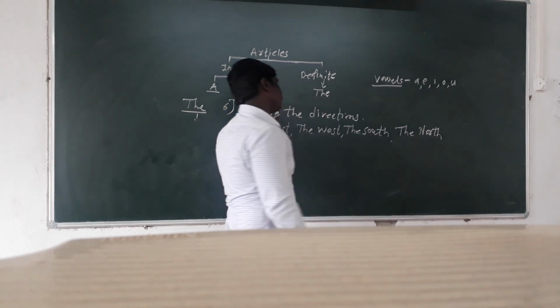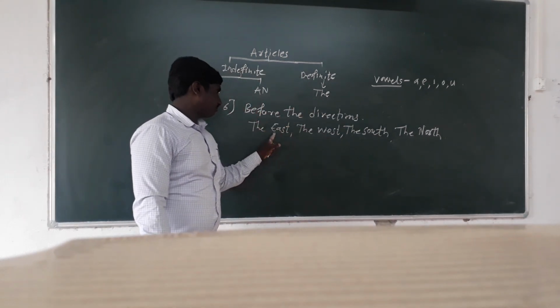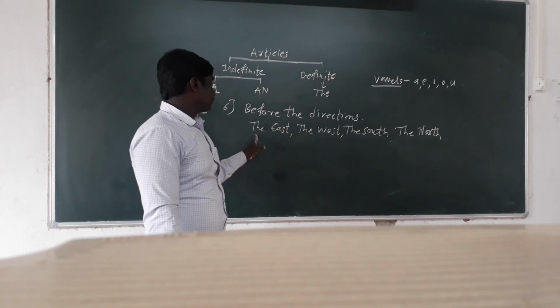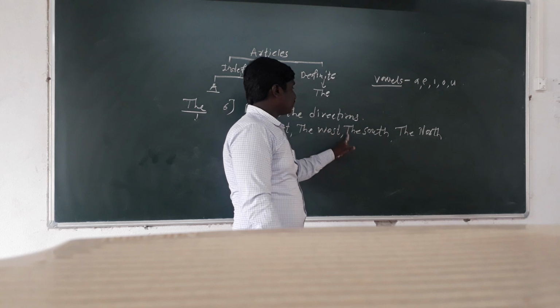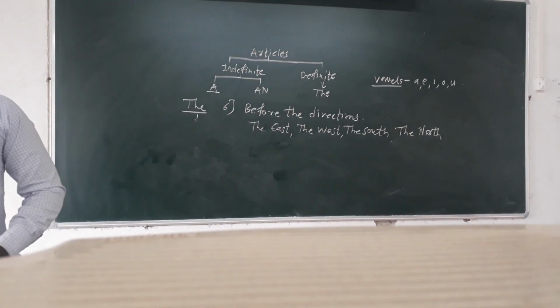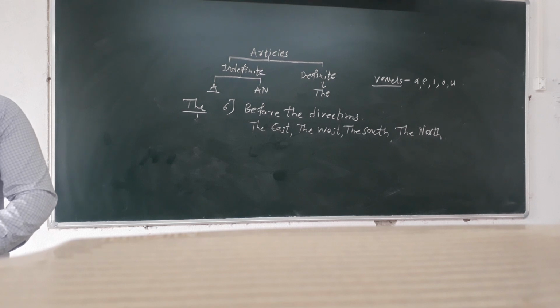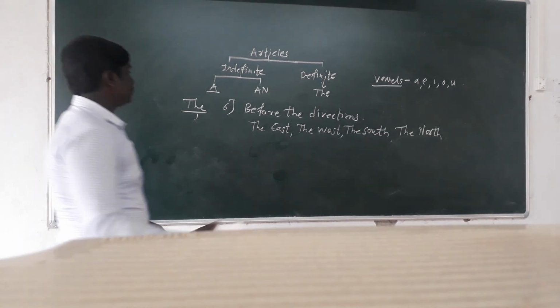So before the directions, we can use the article: the east, the west, the south, the north. So these are the rules.